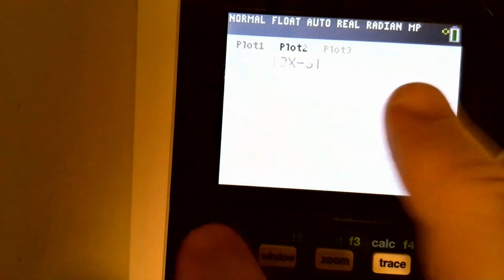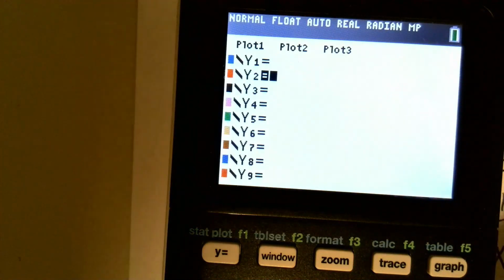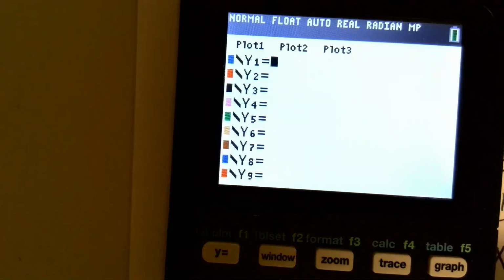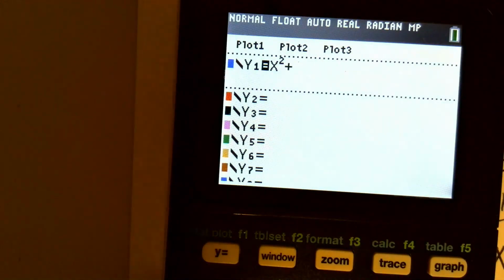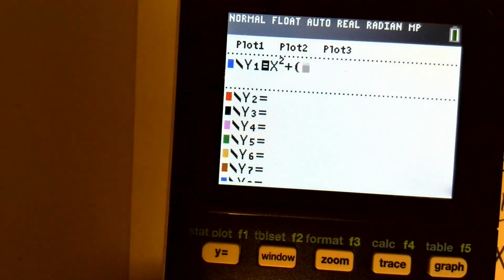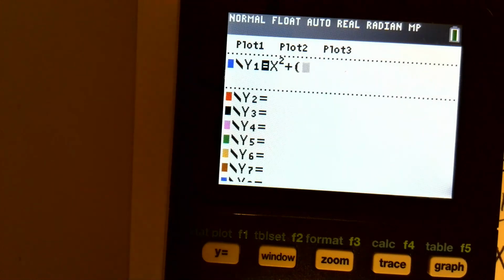Okay. So go to my y equals. Clear out both of these, and I'm going to put in x squared plus parentheses, because I have an entire numerator that needs to be divided by 2.